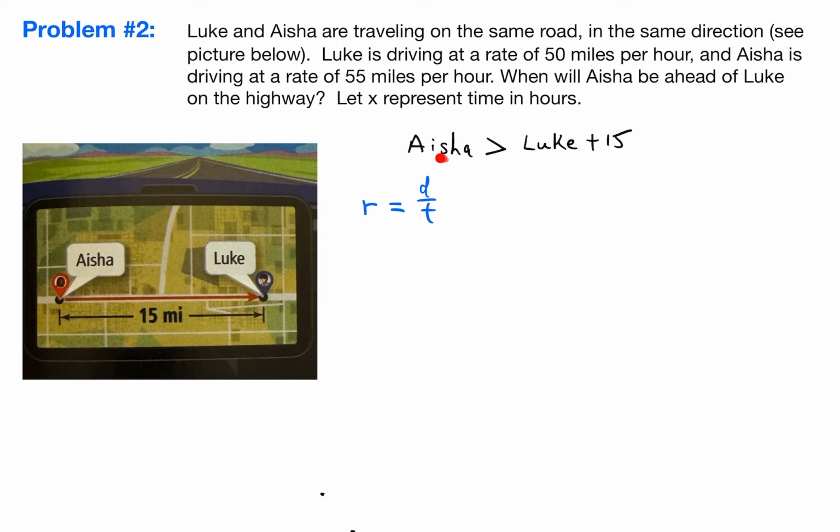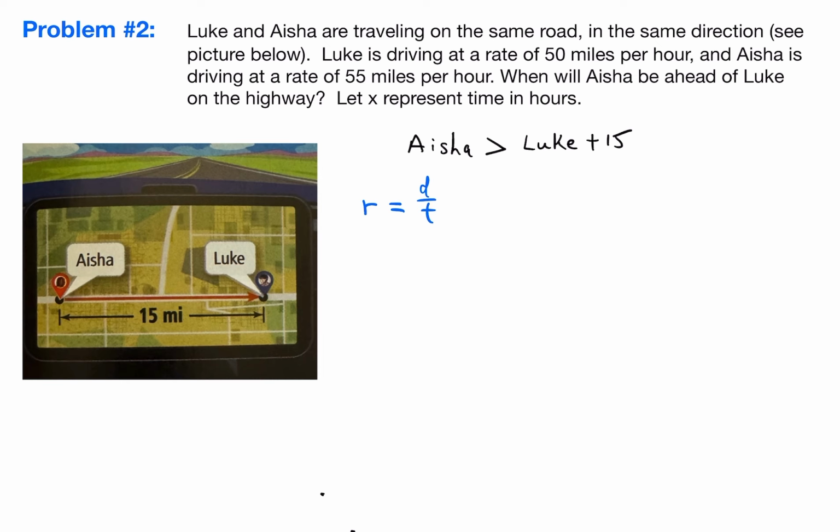Since we've set up this problem as a distance problem, we need to change this equation in terms of d. Here we have r is equal to d over t. We want to change this equation as d equals some expression. So how do we do that? We want to isolate d so that it's all by itself, but the problem is we have t in the denominator. So how do we get rid of t?